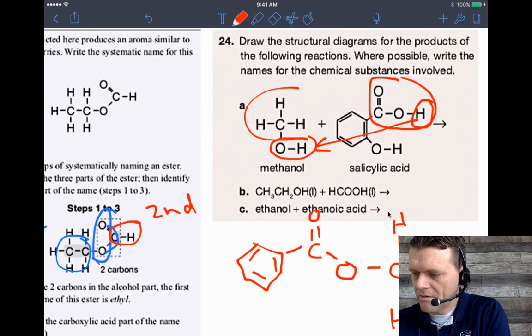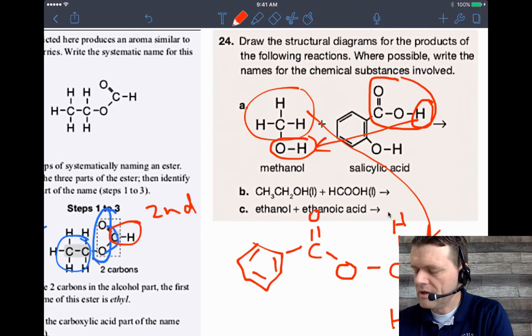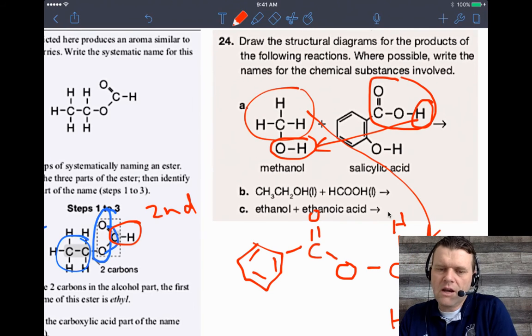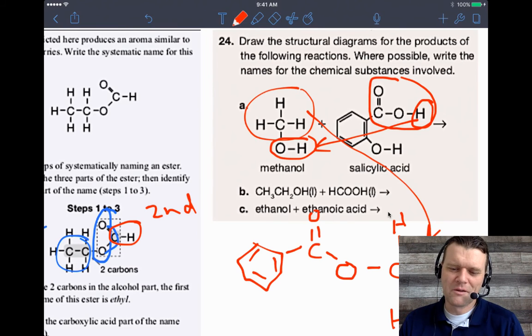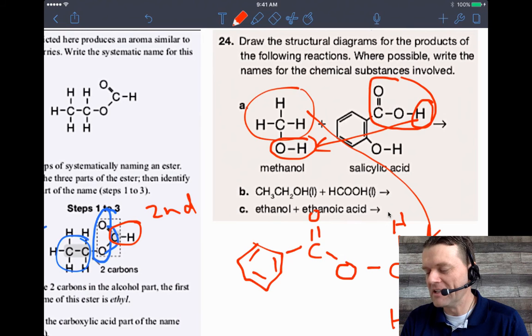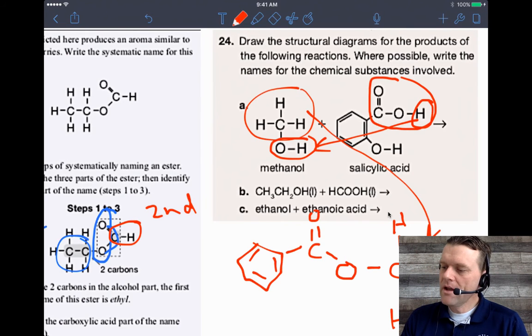So this part right here just came down and is stuck inside. Okay, so that's what we make. Now, that's actually called methyl salicylate. You don't need to worry about naming that one, but it's actually kind of a root beer odor, apparently, which is kind of cool. So all I want you to see is that's what would form in that case.